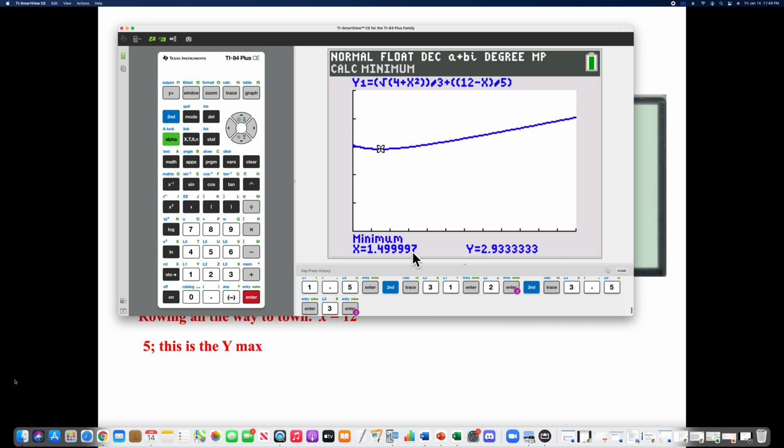Now what the calculator is doing, it all depends on your left bound and your right bound. It's bouncing back and forth, looking for a smaller y value, and it does this really fast. So it starts here maybe at 0.5, then it goes over to the 3, and it says, no, wait a minute, that value's bigger, let's go smaller. So it might split the difference. If that y coordinate's still not bigger, it splits it again.